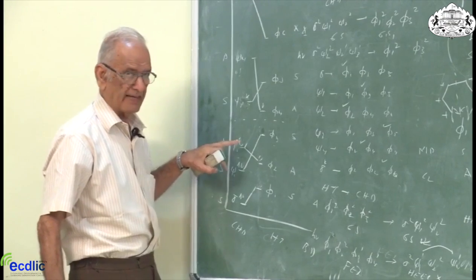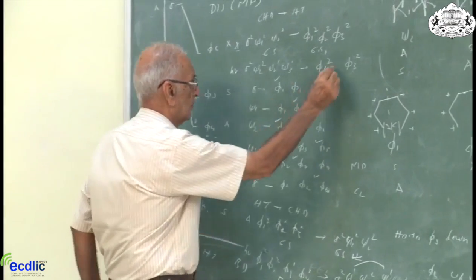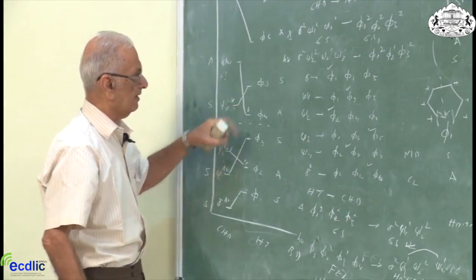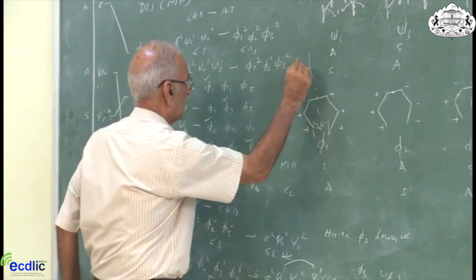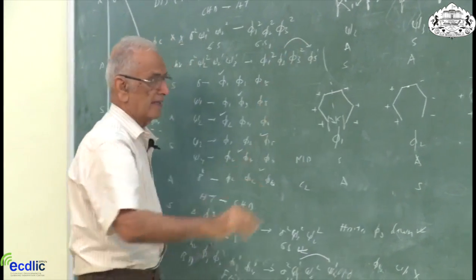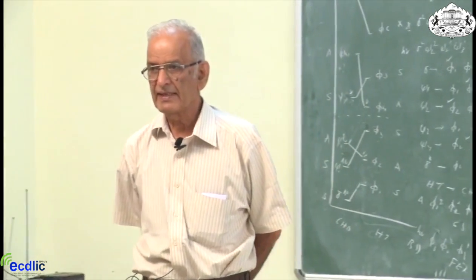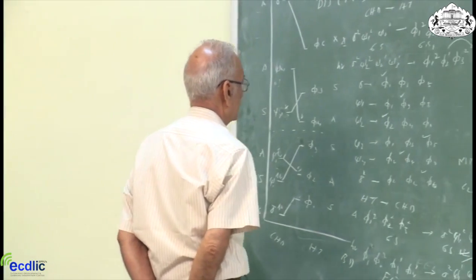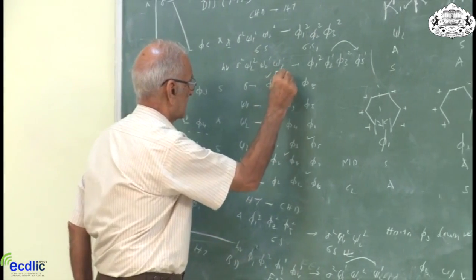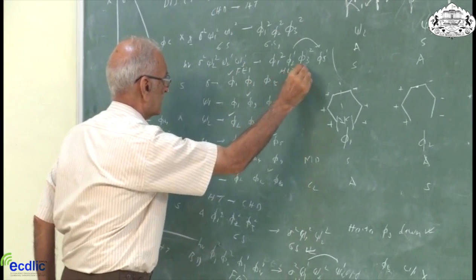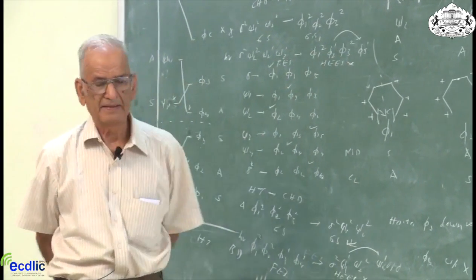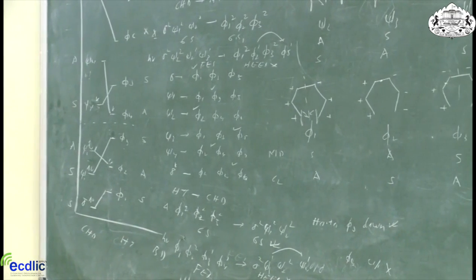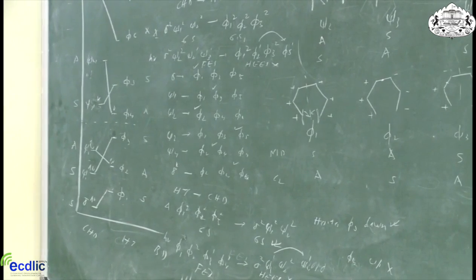Psi 2, 1 electron goes into phi 2, 1 electron. And psi 3, 1 electron goes into phi 5, 1 electron. Equivalent of exciting an electron from phi 1 into phi 5. So first excited state gives high energy excited state. Therefore, the reaction is disallowed. Everybody is all right?